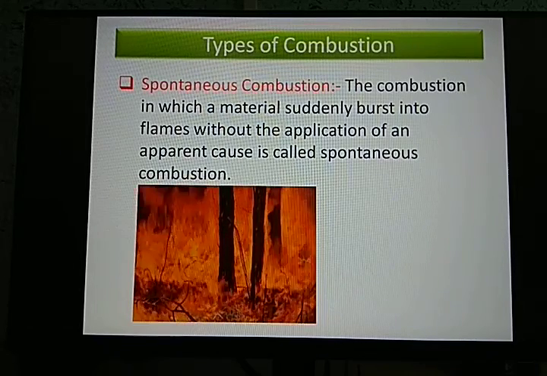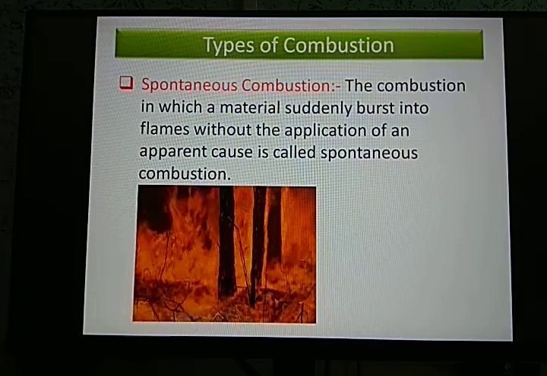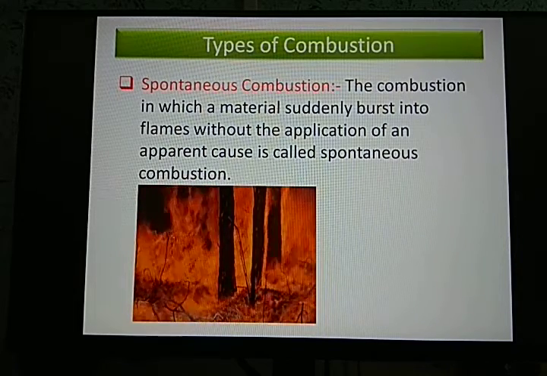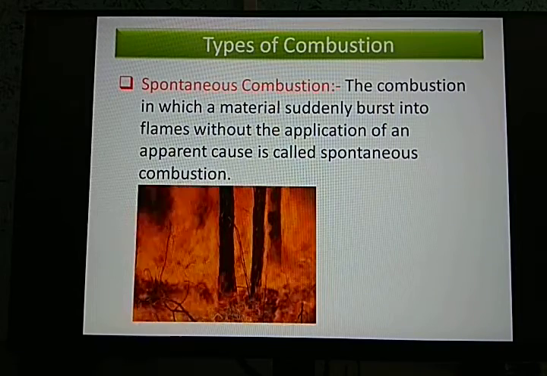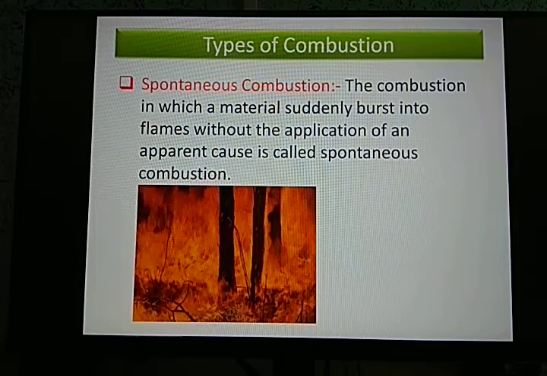As I said in the earlier class, due to the decomposition of dead decaying materials such as dead leaves and dead parts of plants and animals, they evolve some gas, and that gas is nothing but methane gas.